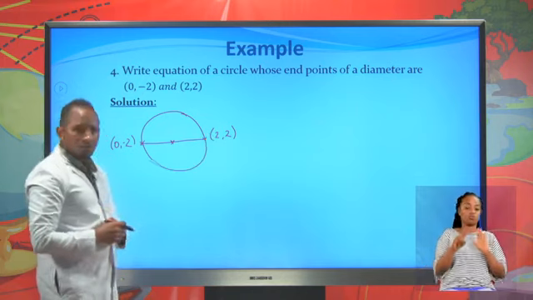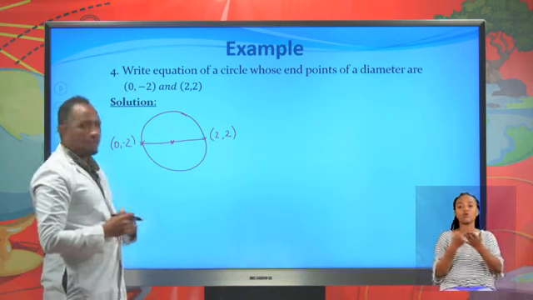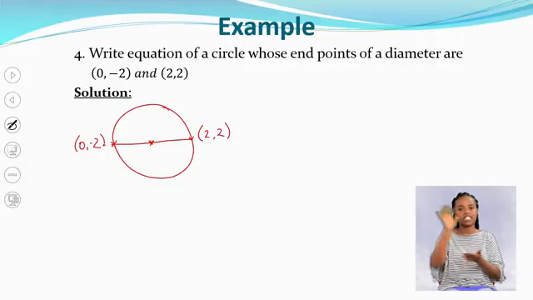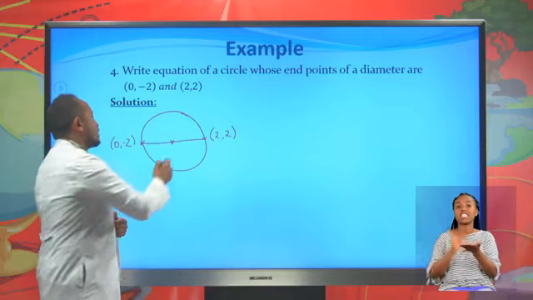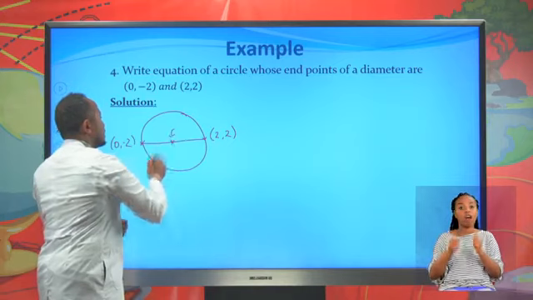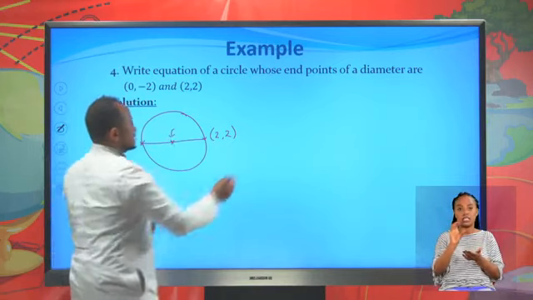From this, we can find the center, since the midpoint of the endpoints of the diameter is at the center. Therefore, we can find the coordinates of the center of this circle.